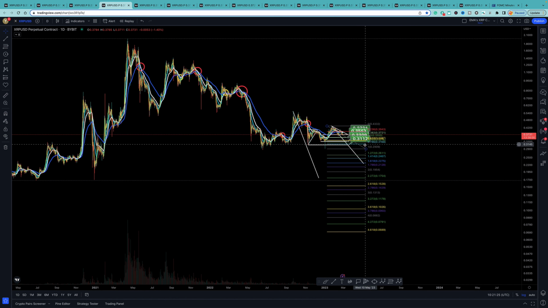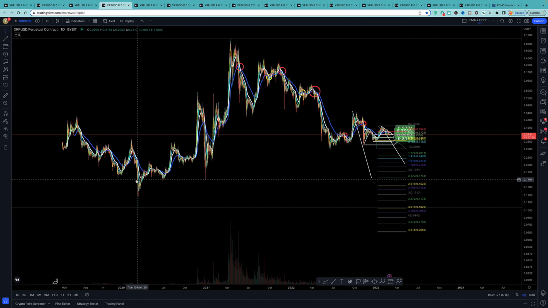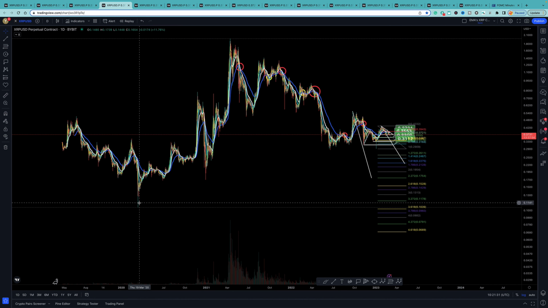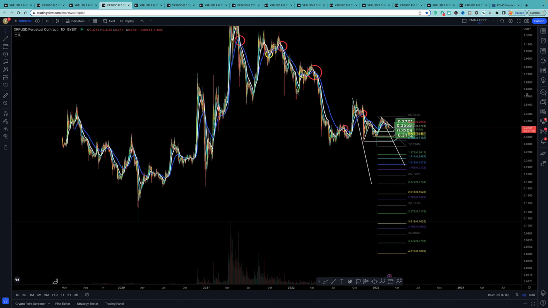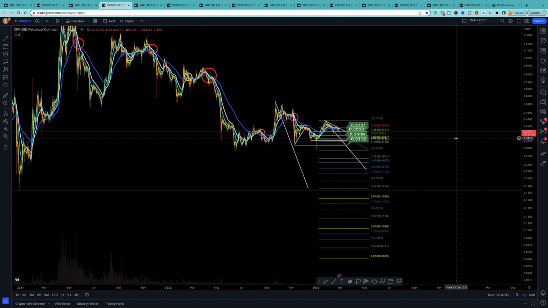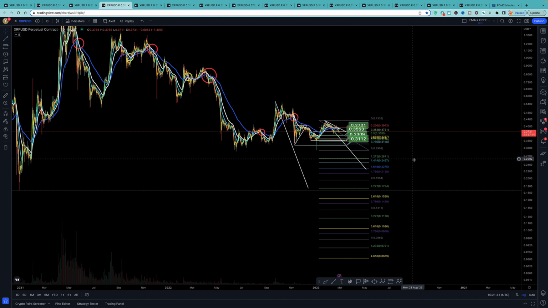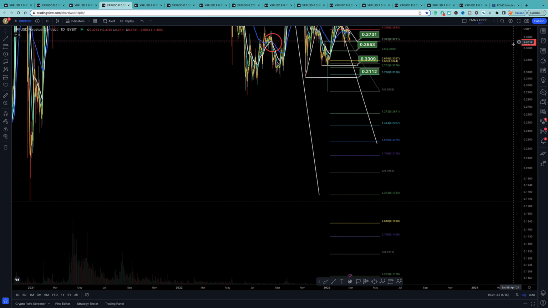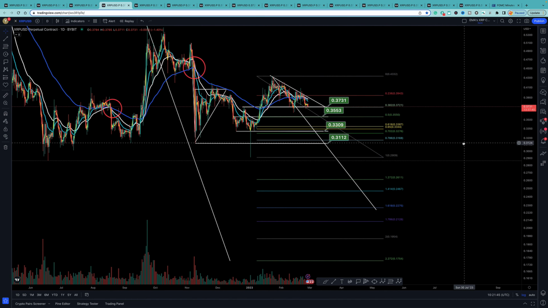We haven't had a third level yet. Now it could be just a flash dump like this, and that could be it, or else we bottomed out and we're heading up. So again, I'm mindful of my own bias. So they're the potential ranges we could be looking at.